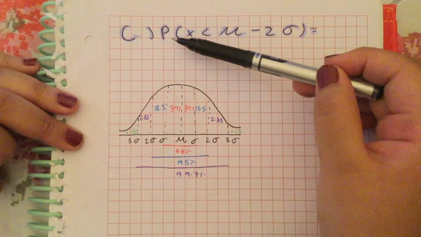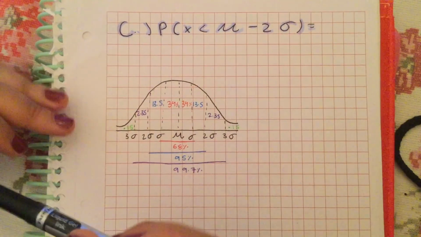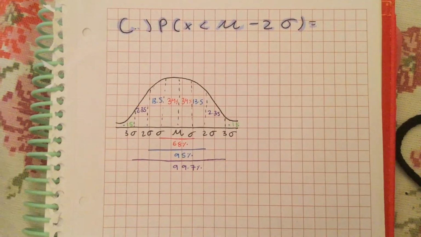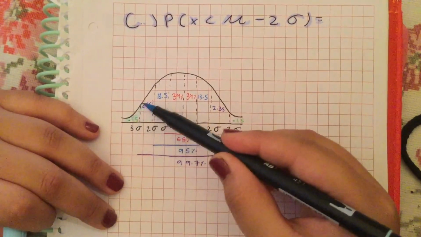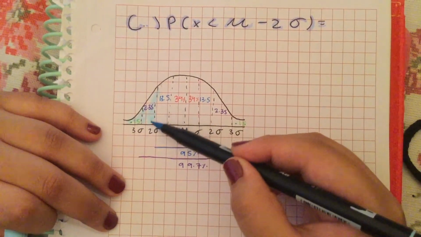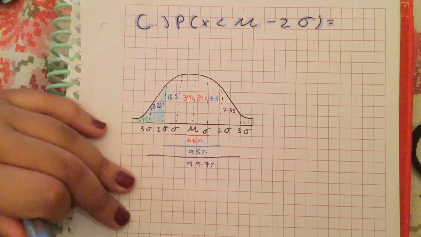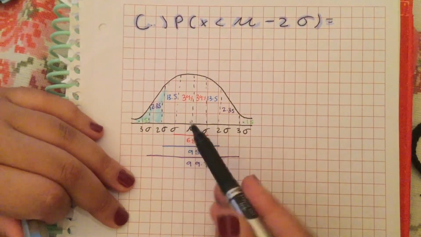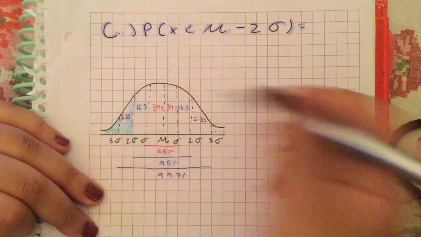So what's the probability that x lies between mu minus 2 sigma? So what they're basically asking us is, what's the probability that the x is between here? Because we're subtracting 2 sigma from the mu. So we go 1 sigma, 2 sigma, and now they're asking us this area.